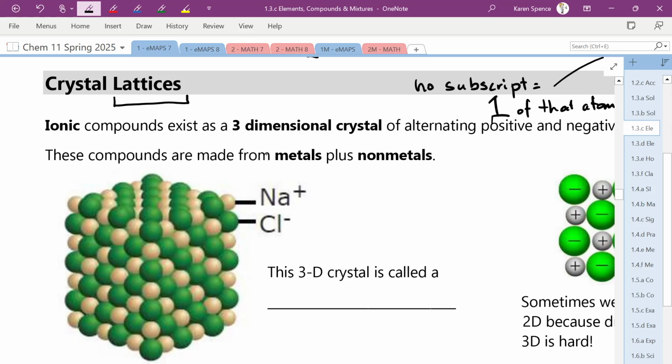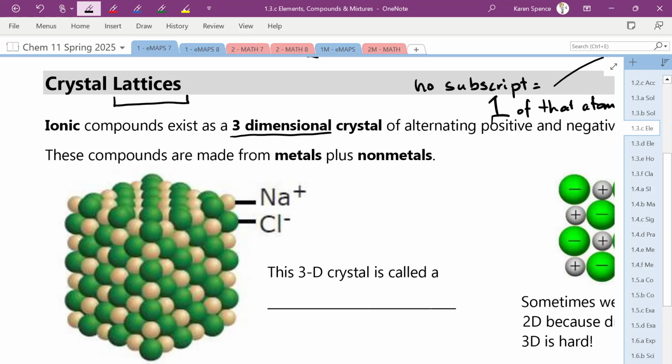And what it is, it is 3-dimensional, and it consists of alternating positive, negative, positive, negative. And it doesn't just do it in one direction. It also does positive, negative, forward and backward, and it does positive, negative, up and down, sideways, back and forth.